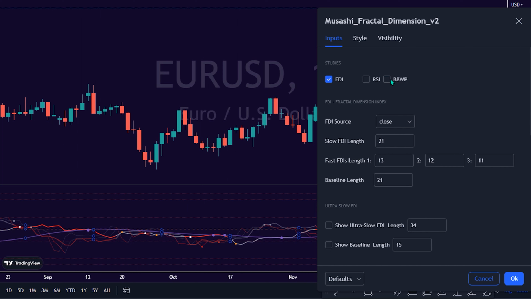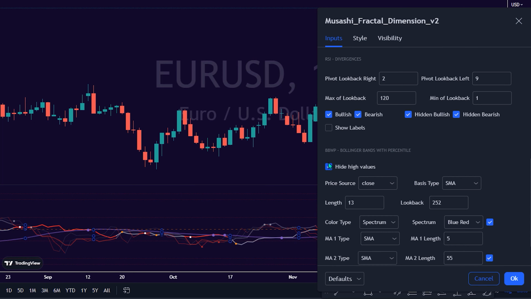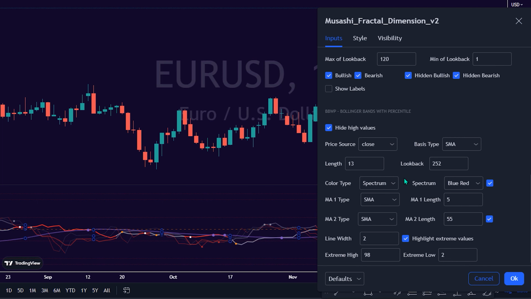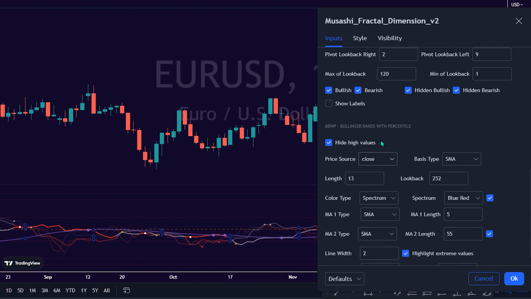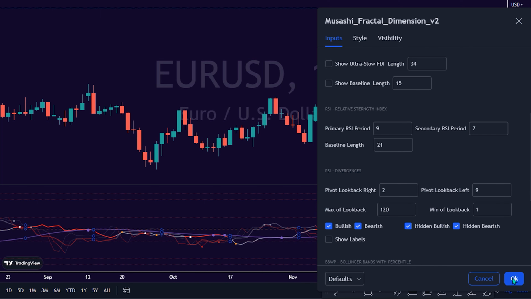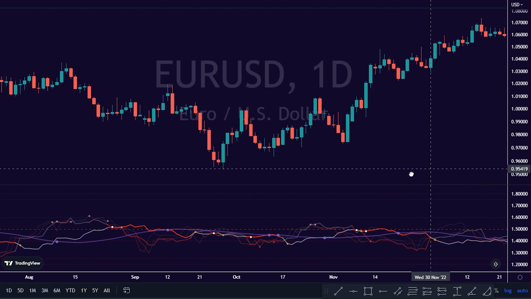The third box is BBWP, Bollinger Bands with Percentile. This functions as an efficient way of visualizing volatility as the percentile of Bollinger Bands expansion. By default, it comes with the high volumes deactivated for a better view of FDI and RSI while all studies are included. How can we generate a buy and sell signal with this trading indicator?